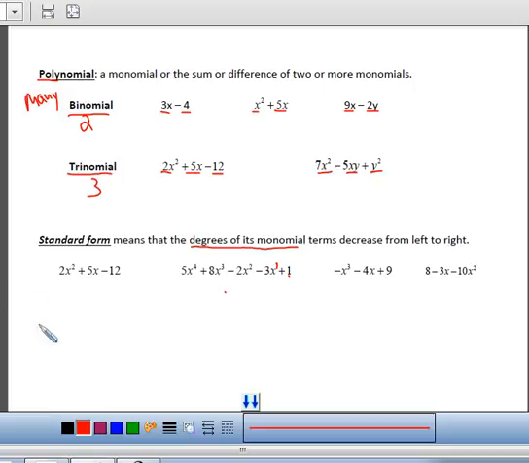So let's write down the definition for degrees.